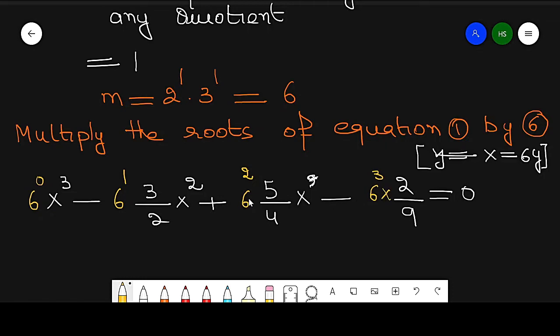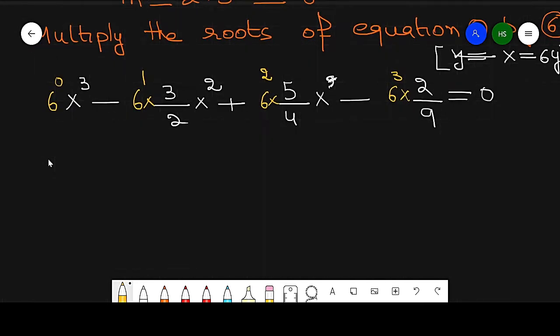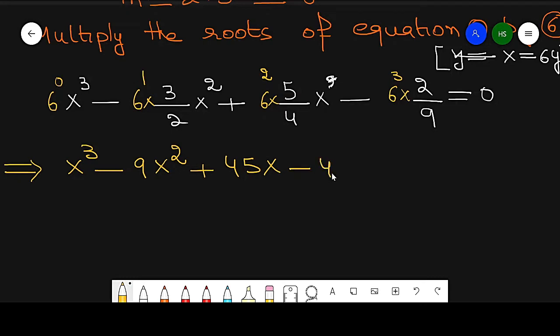Simplifying this calculation, we get x raised to power 3 plus 9x raised to power 2 plus 45x minus 48 equal to 0.